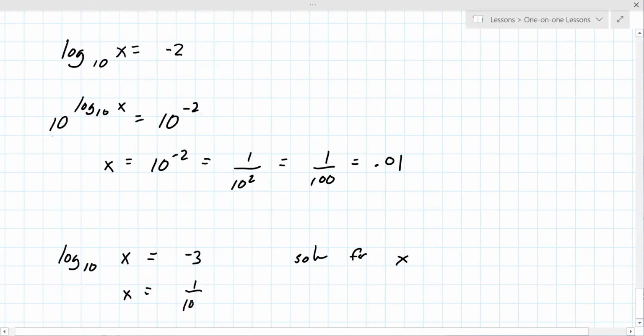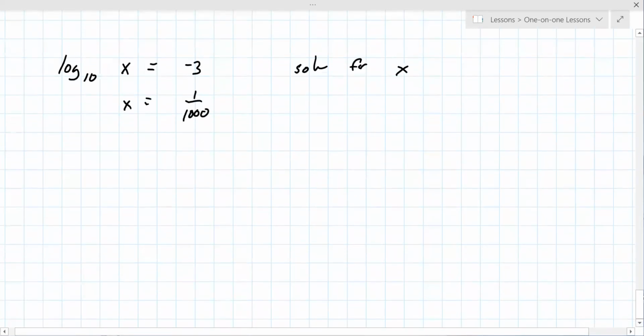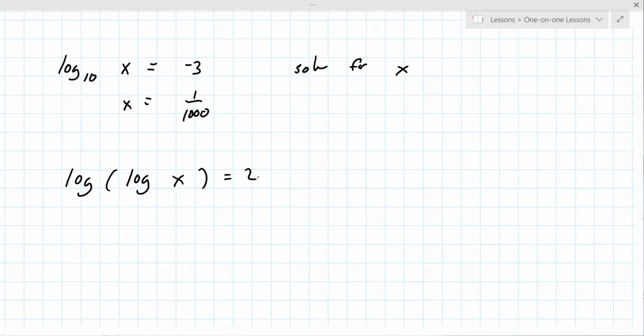Now what your book is doing, which is a little odd because you first need to know how to solve a single log, is saying, well, what's log of x equals 2? So to undo this outside one, the 10 isn't written. When it's not written, it's 10. And here's the shortcut a lot of students use: they write log of x equals 10 squared.